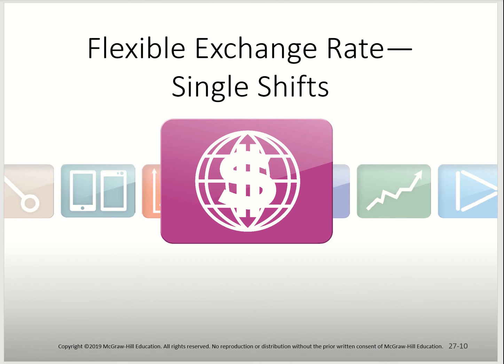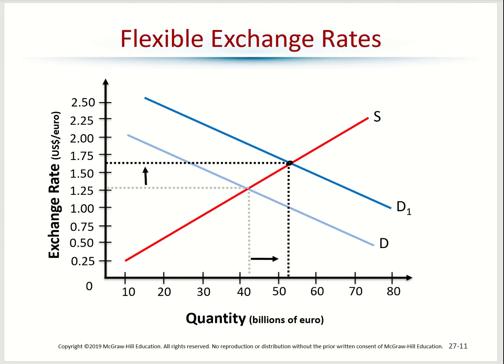So if you just do a simple shift, let's suppose for this market there is a higher demand for BMWs, right? Because suppose American consumers love BMWs, higher demand for BMWs, which means higher demand for euro, so demand goes up, and then what you're going to see is that the exchange rate for euro also goes up, right?